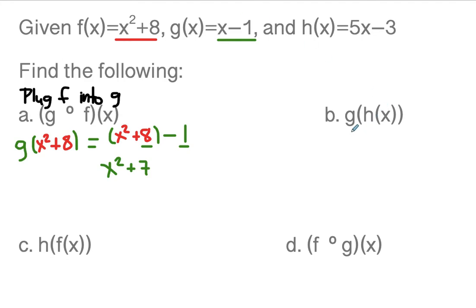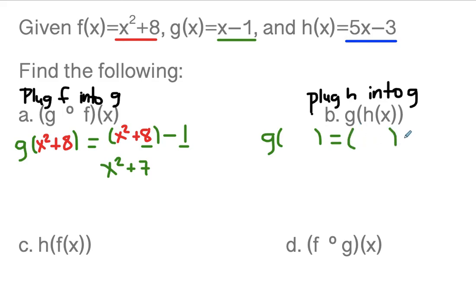Now B says g of h of x. This is telling me to plug the inside value h into the outside value g. So let's come up here. If h is 5x minus 3 and g is x minus 1, remember we start with the outside value, so this is going to be g of something equals x minus 1.